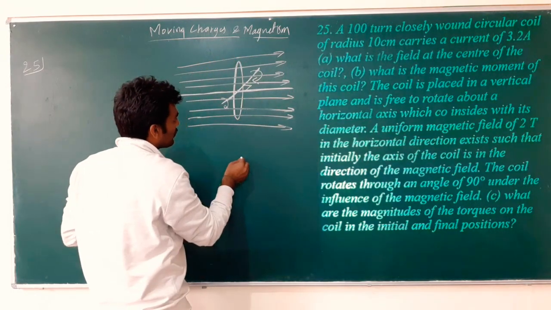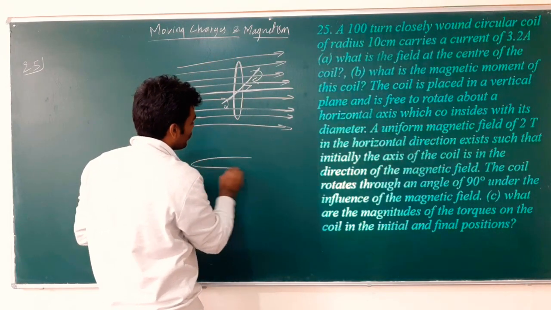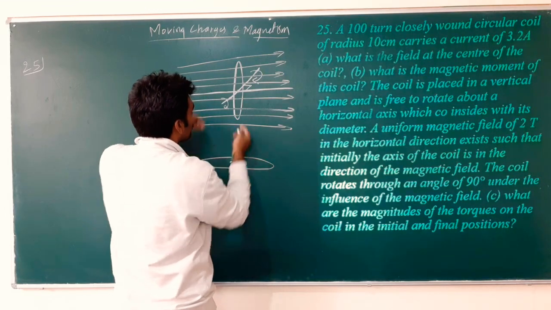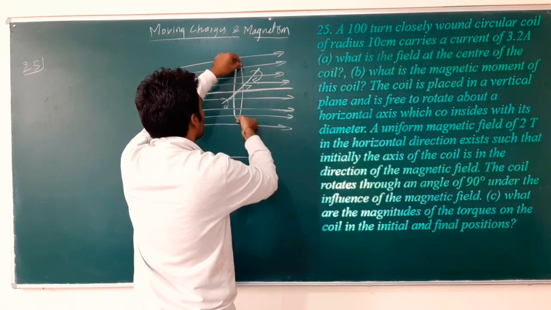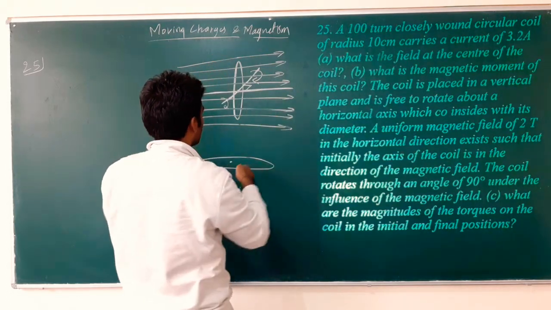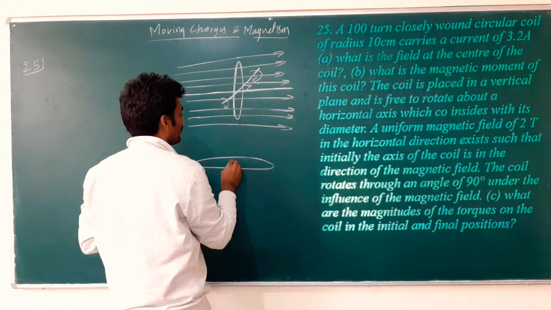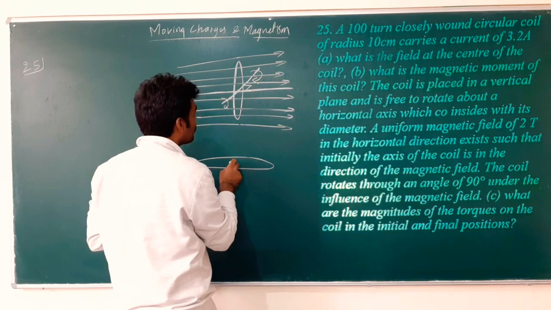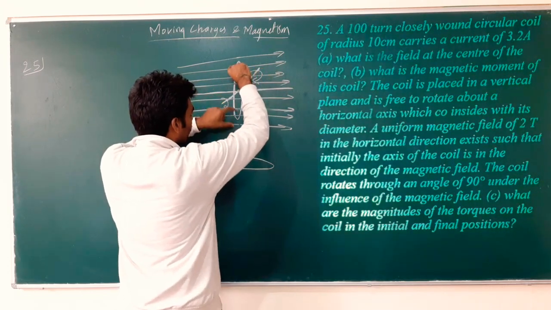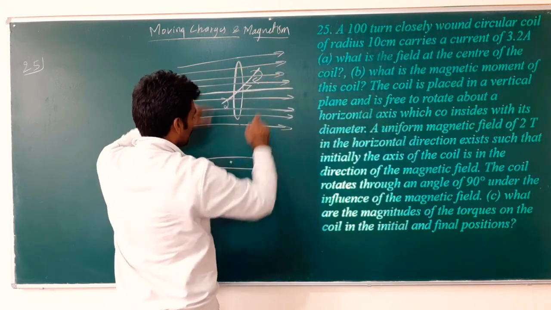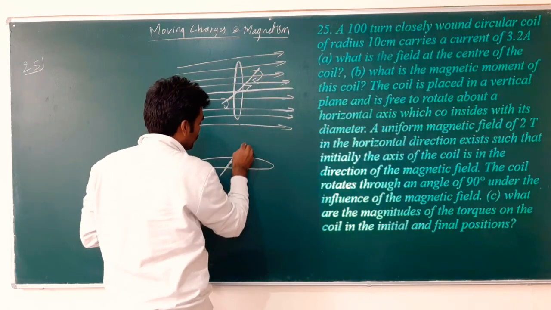So, the final position of the coil looks somewhat like this, because this is the axis of rotation and this is how it can rotate. After the complete rotation it would look somewhat like this, because this is the axis and the axis won't change. Either it can rotate like this and come to this, the axis of rotation will remain the same.